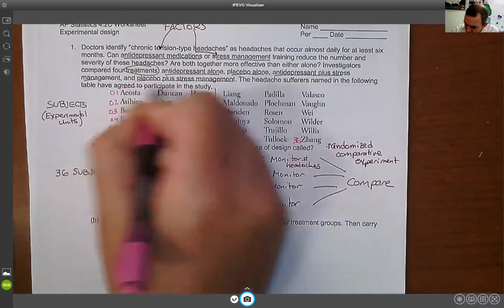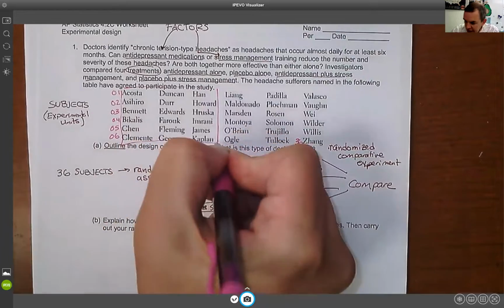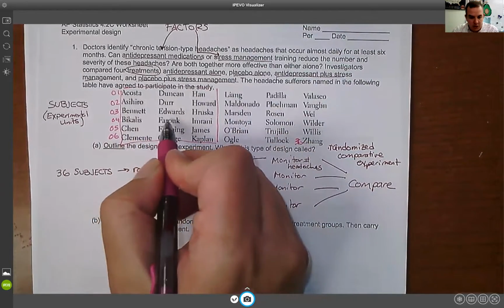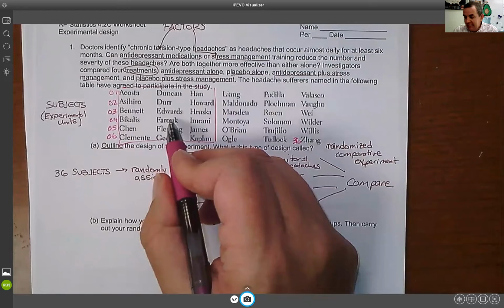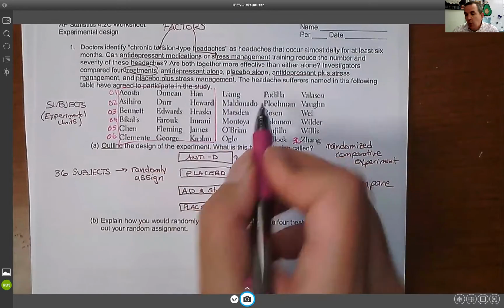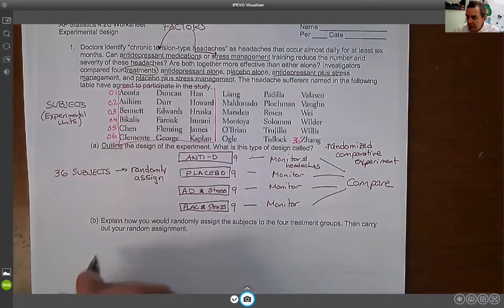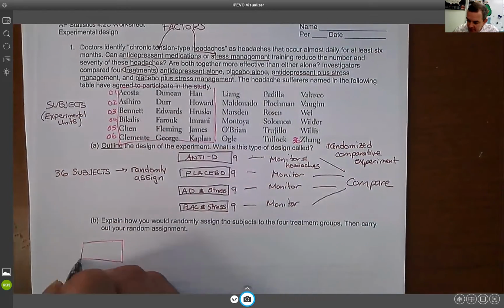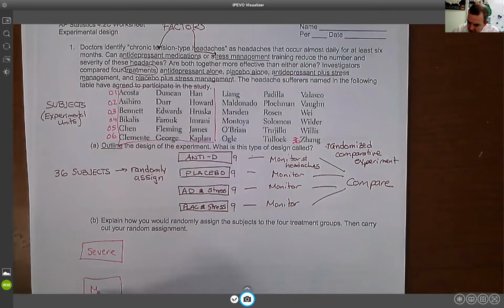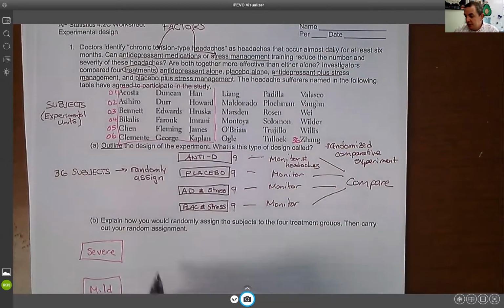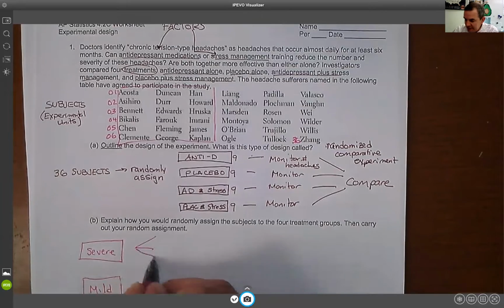the half over here, these people had it really severe, and these people have a mild case. So I have severe 18, mild 18. What a block design would be is I would block people by severe and mild. And then what I would do is I'd have those 4 groups randomly assigned out of this.